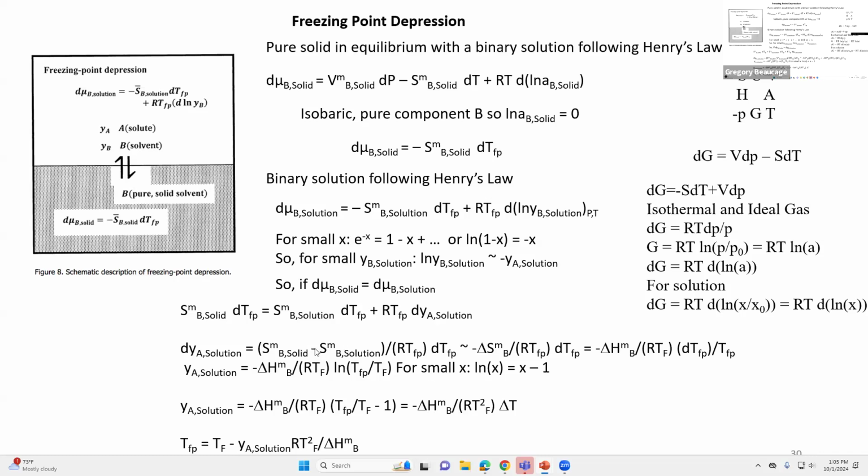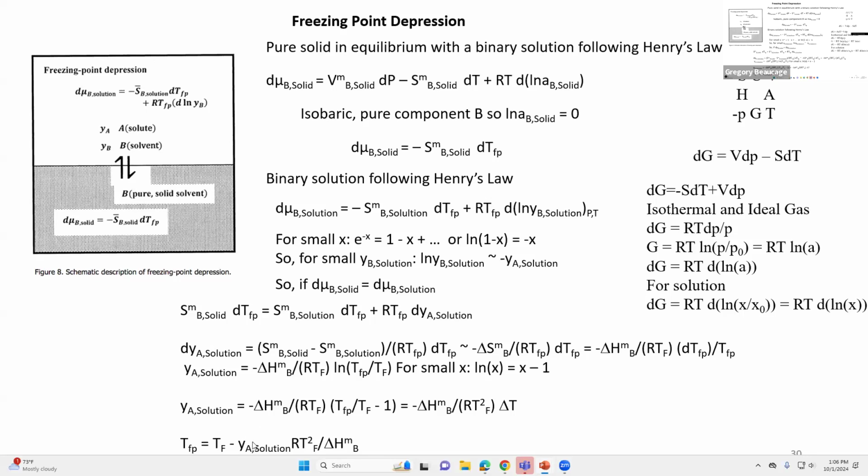This is delta S, and delta S is delta H over T if delta G is 0 at equilibrium, so between solid and solution at equilibrium. So you just substitute for delta S, delta H over T, you end up with this T squared term because you already had a 1 over RT here. And you just end up with this function for freezing point depression, which is simple.